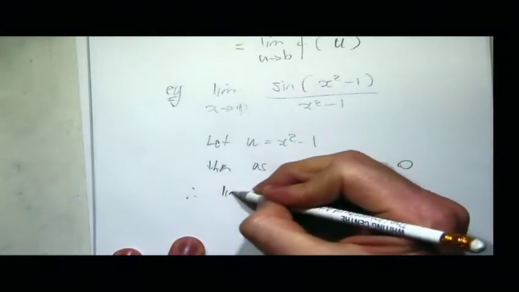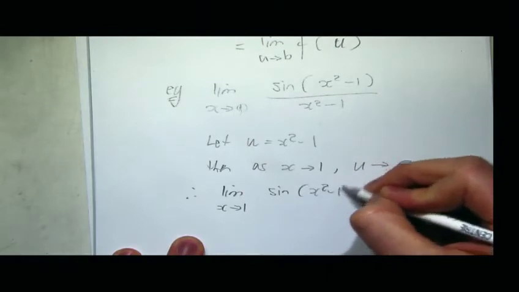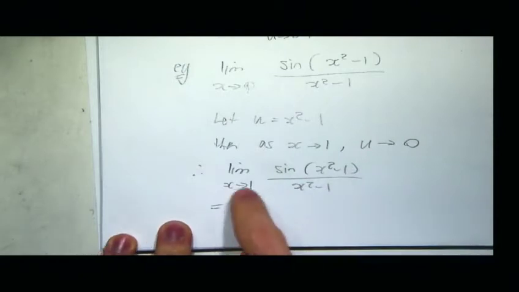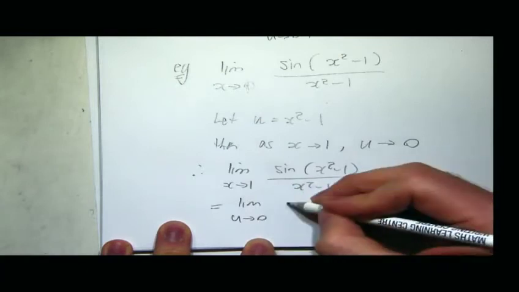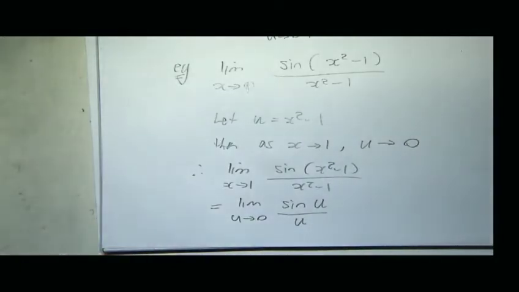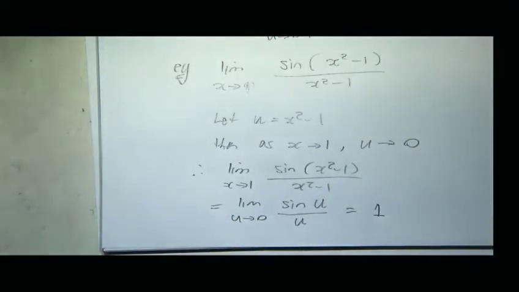And so by the limit law for substitution, the limit as x goes to 1 of sine of (x squared minus 1) over (x squared minus 1) will be the limit, now the x goes to 1 is replaced by u goes to 0, and the x squared minus 1 is replaced with a u. I get that. And the limit of sine u over u as u goes to 0 is 1, because they might as well be x's, right? That's using the limit law for substitution.